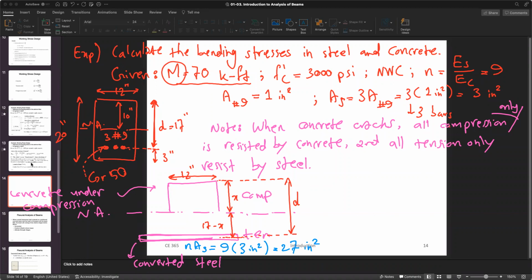So we have the system ready. We want to find the neutral axis.